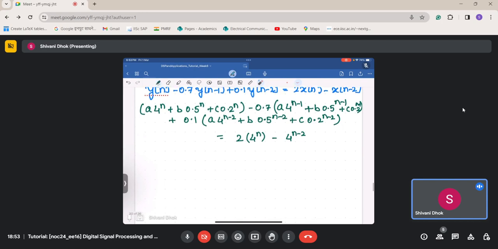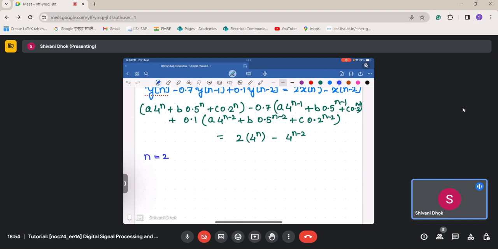So now what we will do is, all of these three terms will be non-zero when I'm having n equal to 2. So in order to survive all of these terms, by some observation, I'll substitute n is equal to 2.